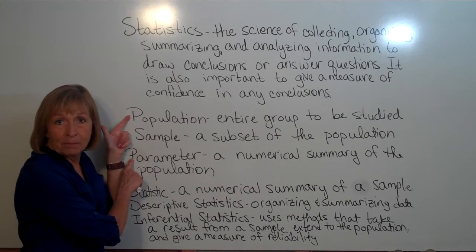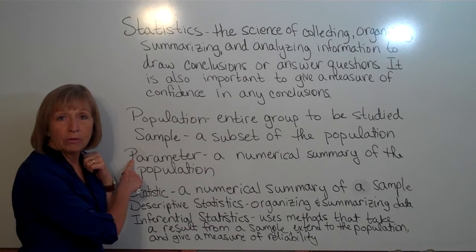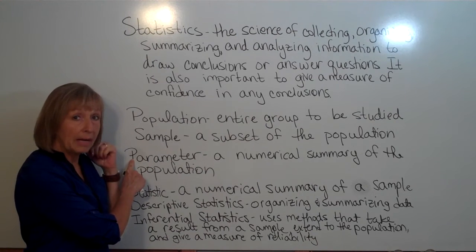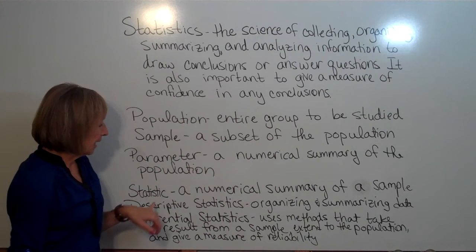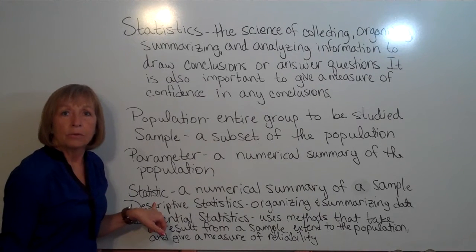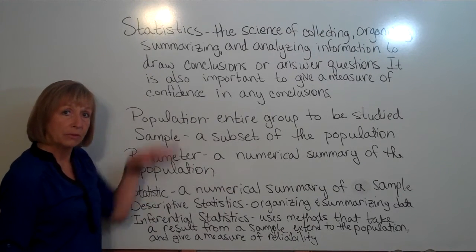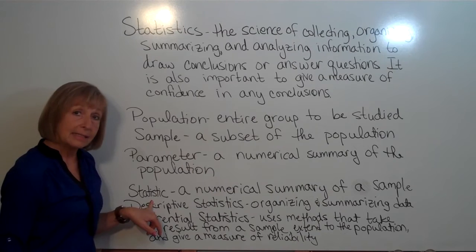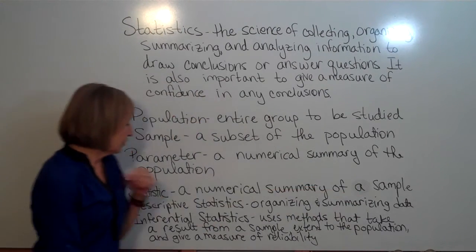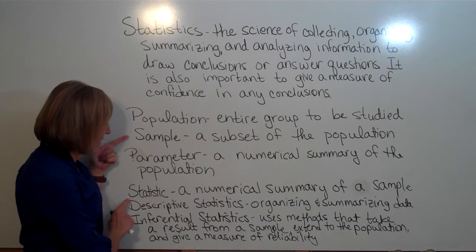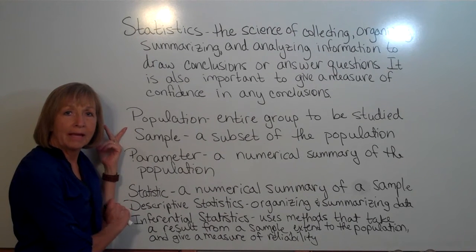As a memory device, think the P's go together: a numerical summary of the population is a parameter, and parameter starts with P and population starts with P. And a statistic, again we're using this word statistic, but in an entirely different context than when we used it earlier. Here, a statistic is a numerical summary of a sample. What's also nice is that the S's go together: a statistic is a numerical summary of a sample.